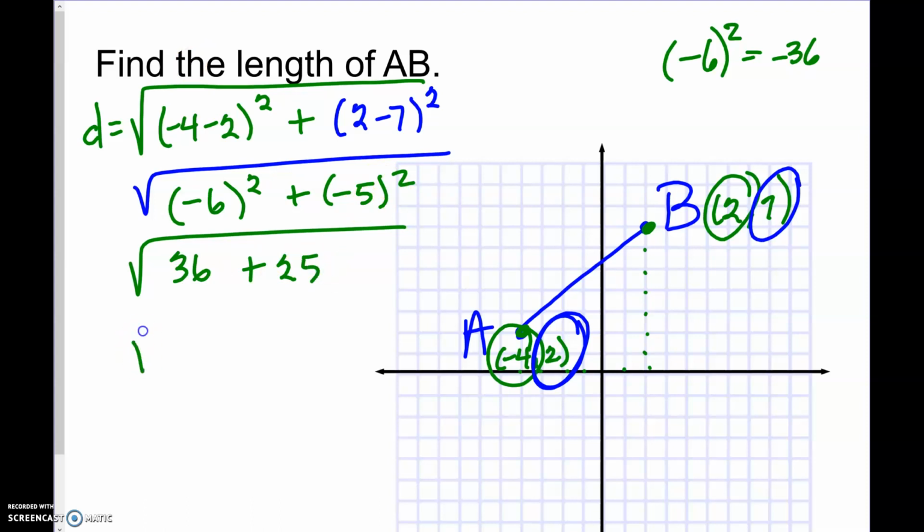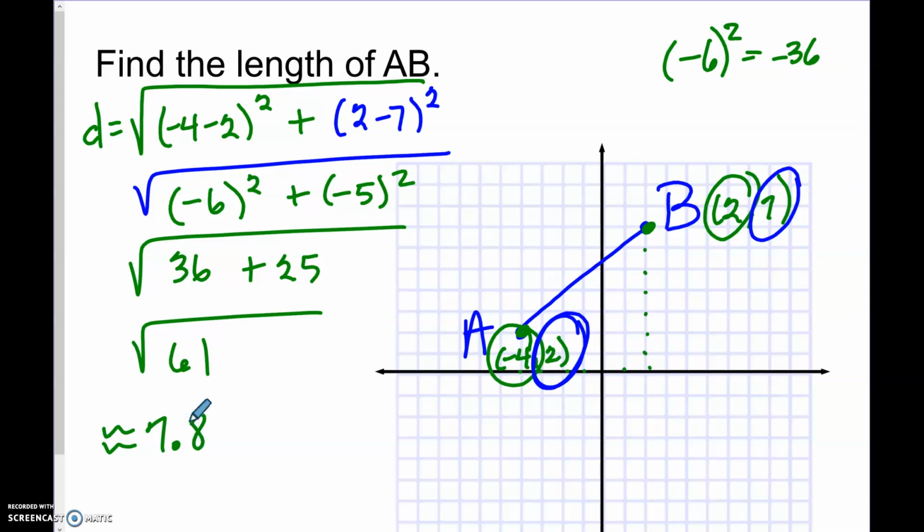All right, so let's add these up together. 36 plus 25, isn't that 61? And now a lot of times they're going to have you round to the nearest tenth. So now you're going to take the square root of 61, and this is approximately 7.8.